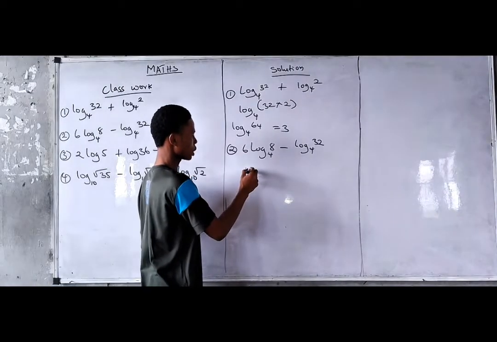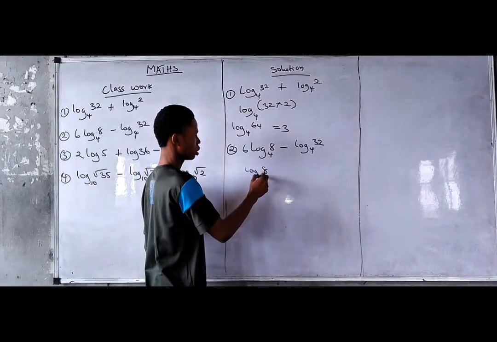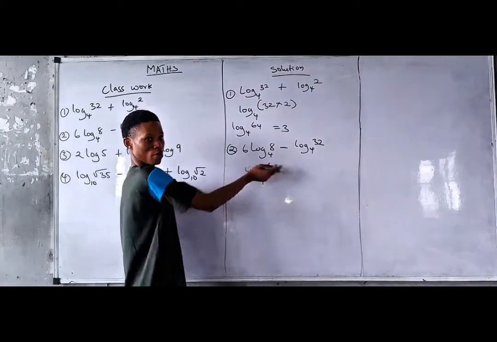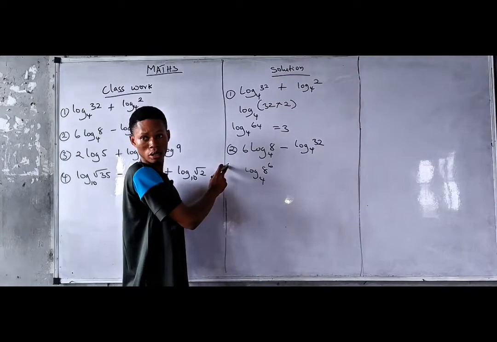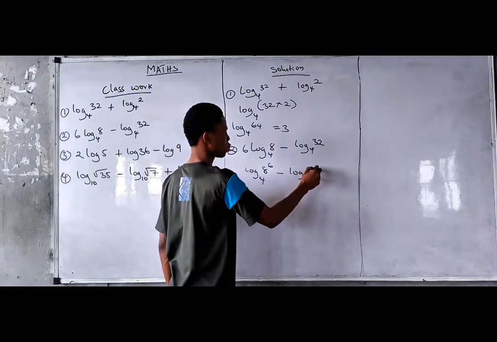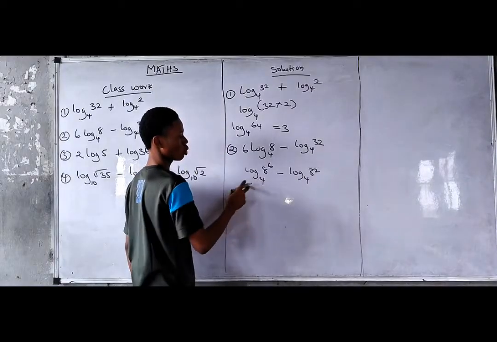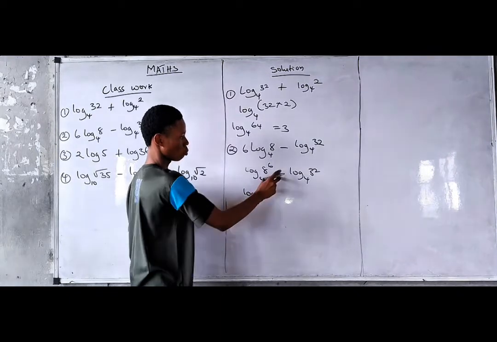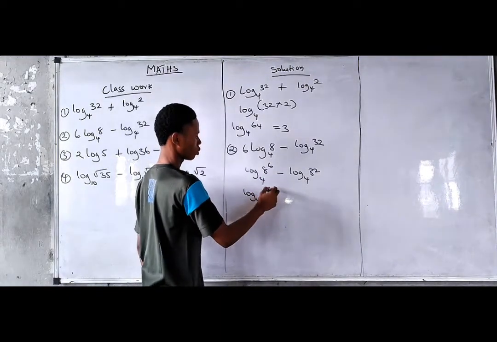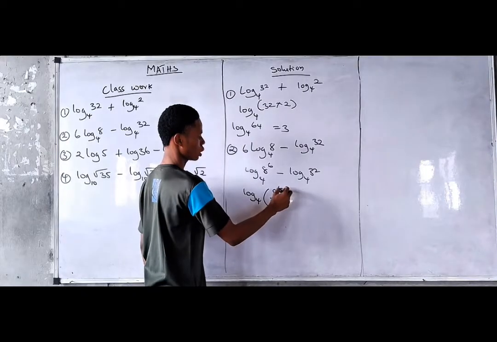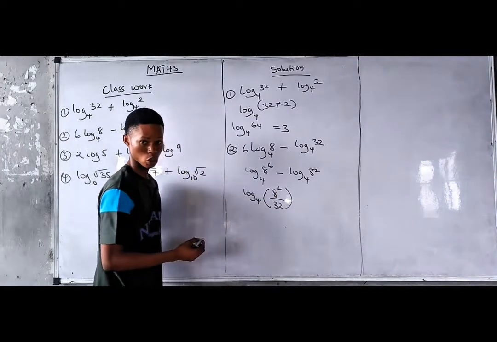You know, this is the same thing as saying log 8 raised to power 6, because we can bring this 6 back, minus log 4 32. So since they are of the same base now, you can just take one log 4 minus, what do we do? 8 raised to power 6 all over what? 32, right? Is it not?